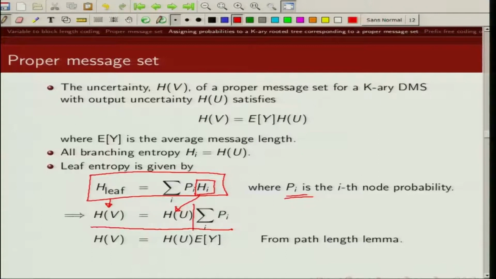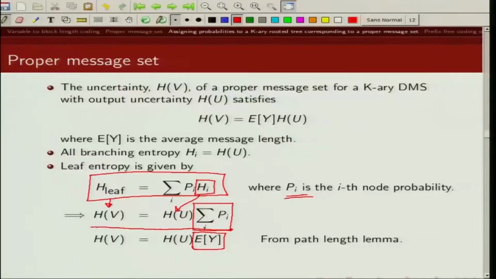And what is this? According to the path length lemma, the summation of Pi's is nothing but the expected value of Y, right? I have from root to each of these leaves my Vi's, which is the parsed message, and the length of that is Y1, Y2, Y3.